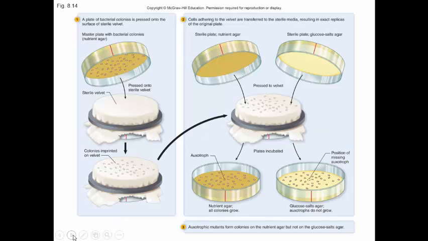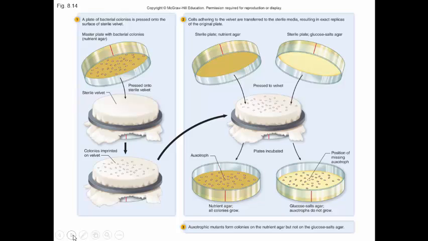With the indirect method, and you'll see this on 814, the process involves isolating auxotrophic mutants that require a growth factor from the parent that doesn't have it. Okay? So what I'm talking about there is basically all the colonies grow with the nutrient agar. With just basic medium agar, which would be glucose and salts, the auxotrophs don't grow.